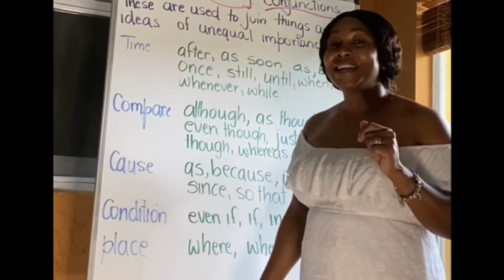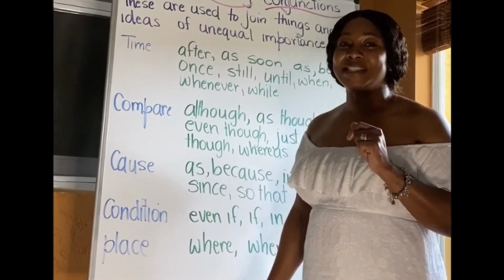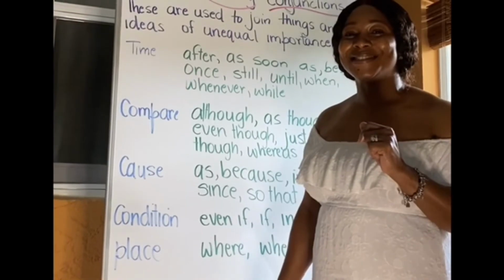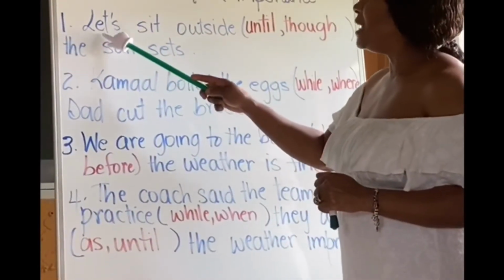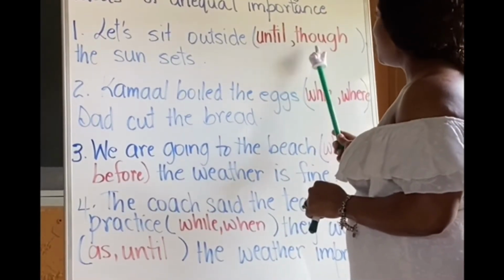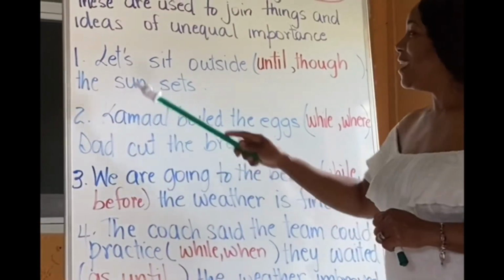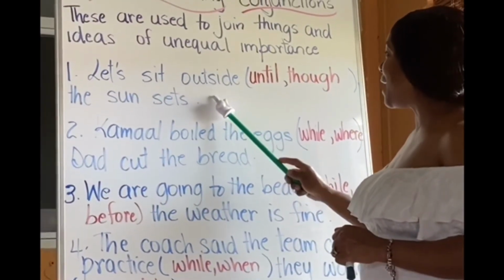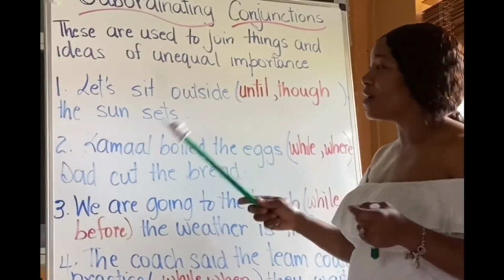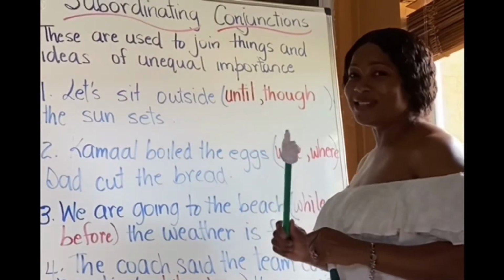Now, let us go into some sentences and see which subordinating conjunction we would use to fill each blank. Number one says, let's sit outside until or though the sun sets. Let's sit outside until the sun sets, or let's sit outside though the sun sets.